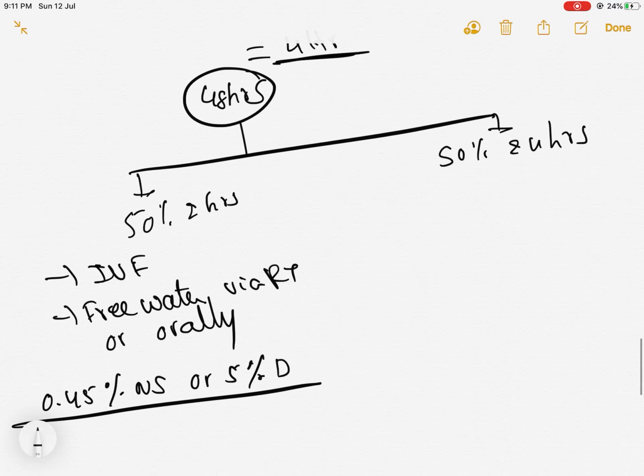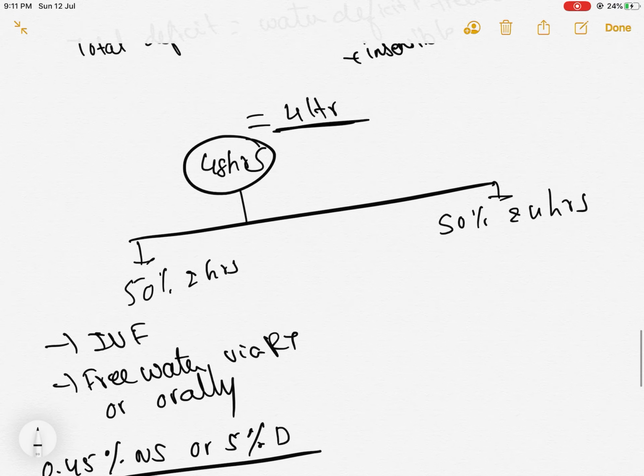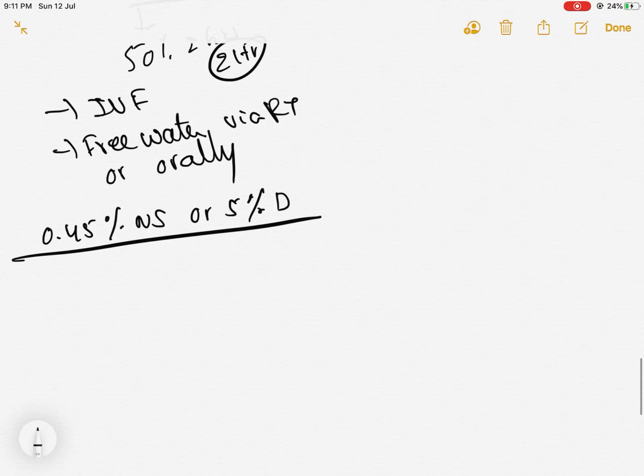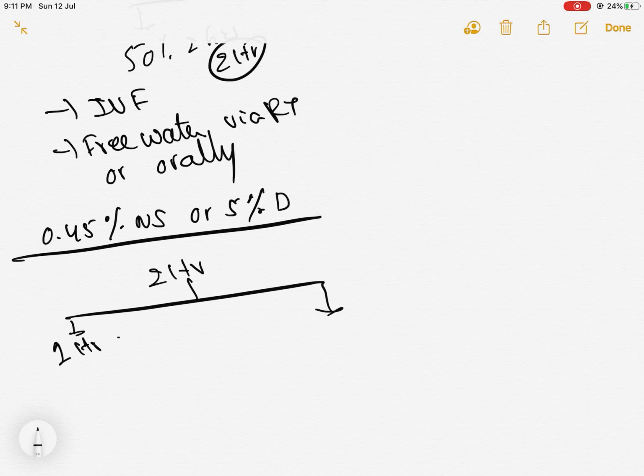So if it is 4 liters, 2 liters we have to correct in a day. So if you have to correct 2 liters in a day, you can divide it further into 1 liter orally and 1 liter IV.